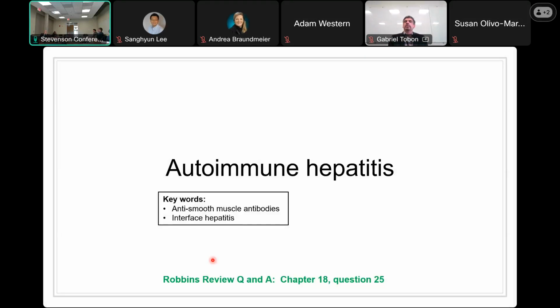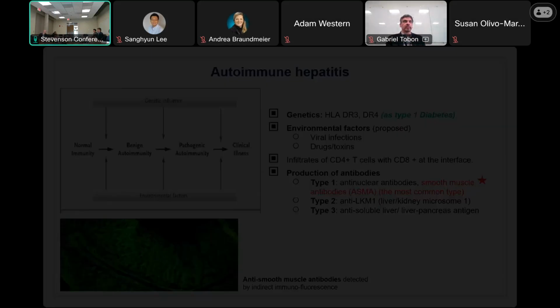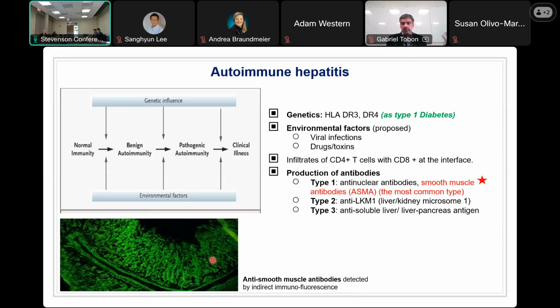But at the same time, we have to evaluate the differential, like autoimmune hepatitis, for example, which is an immune reaction related to inflammation and liver damage. Here we have the genetic components for autoimmune hepatitis, which are DR3 and DR4. And these genetic components are the same for type 1 diabetes.